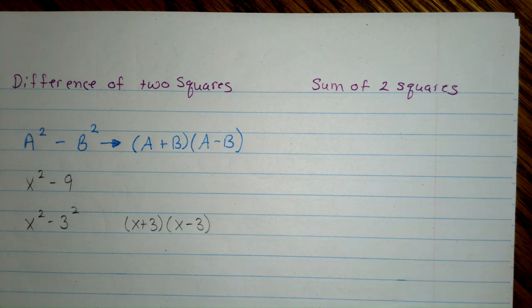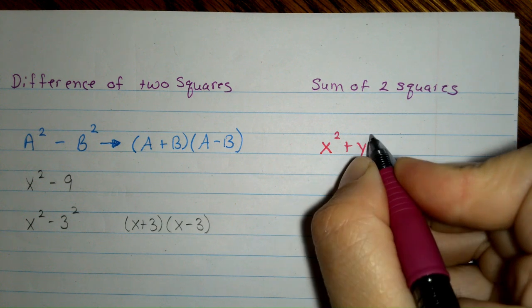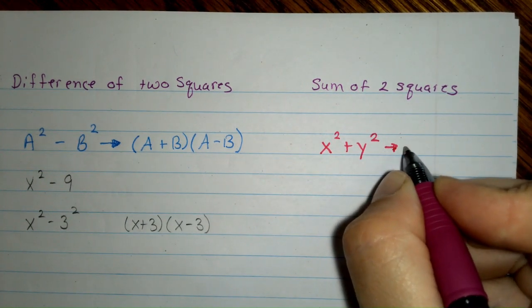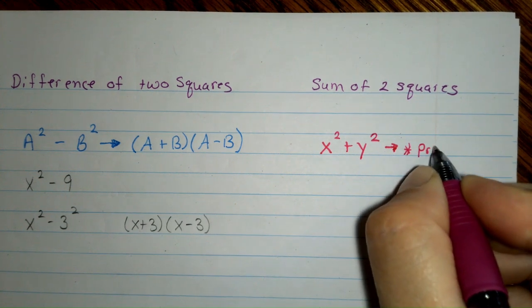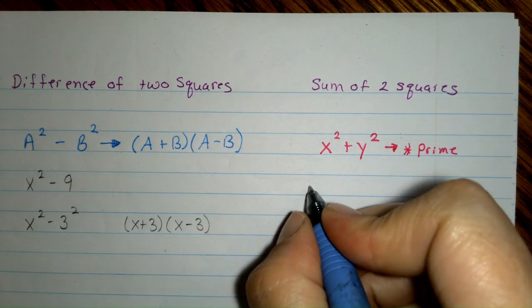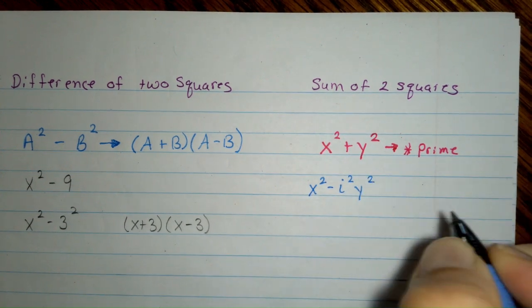The sum of two squares, I'm going to use x squared plus y squared, is technically prime. However, you can change this to x squared minus i squared y squared.